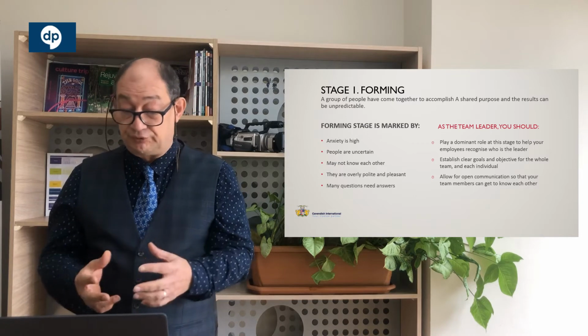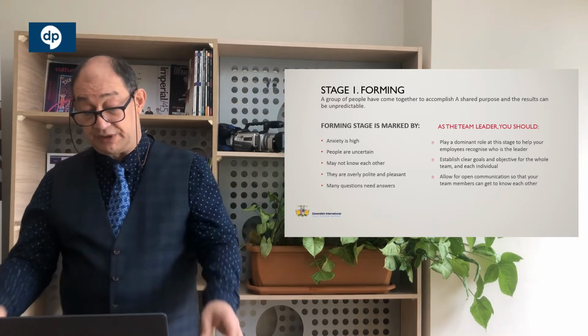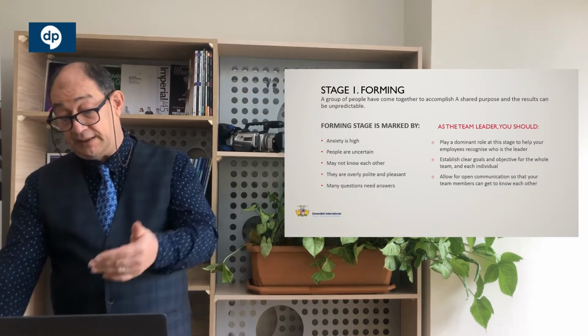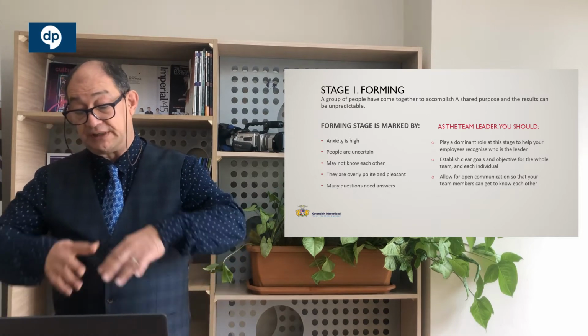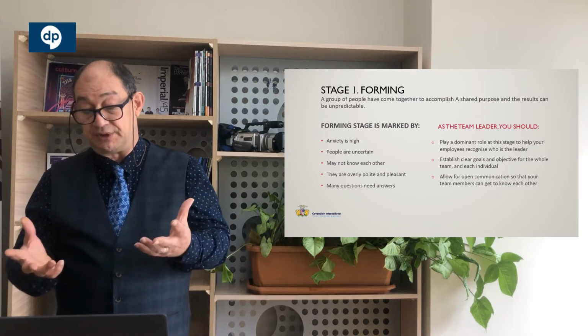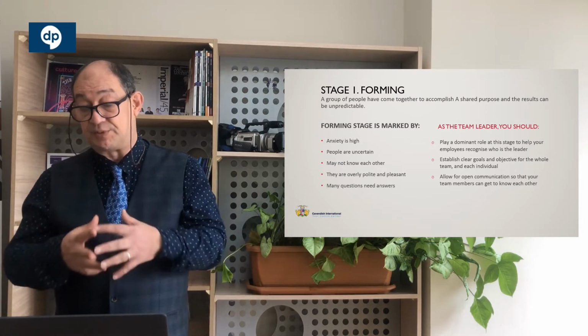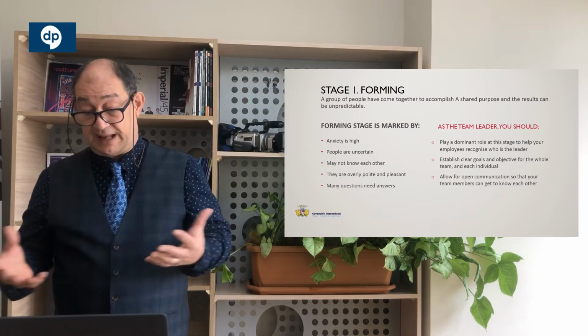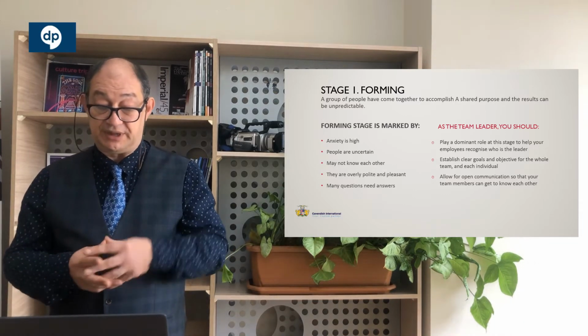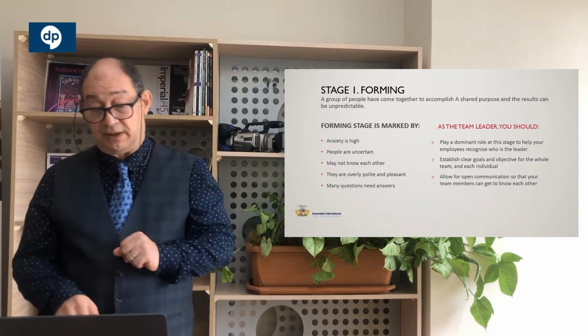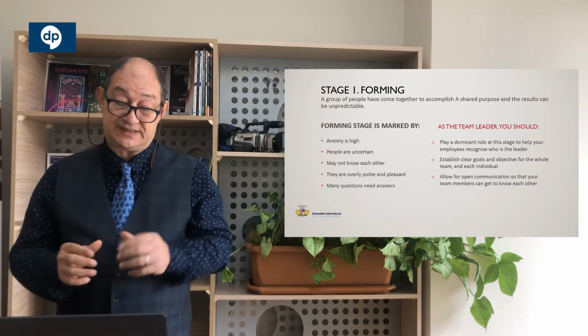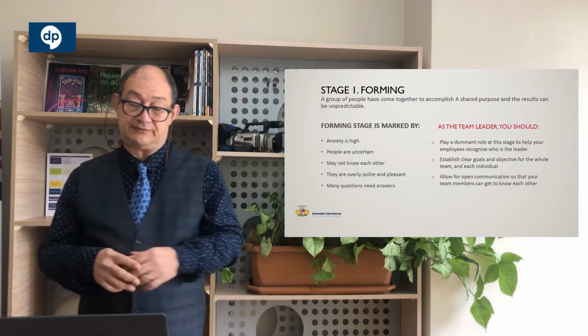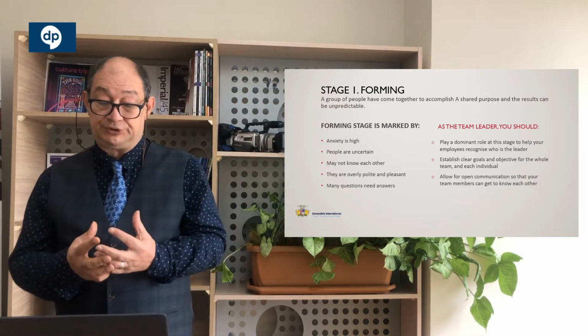People have to know what their job is, what is expected from them. Open communication is obvious at this stage, but you have to start establishing the way people have to communicate, the formal communication, the informal communication. So that's the forming stage and it's very important. The faster you can get this put together, the sooner you will start moving forward.